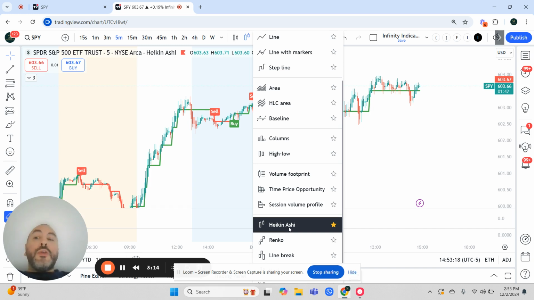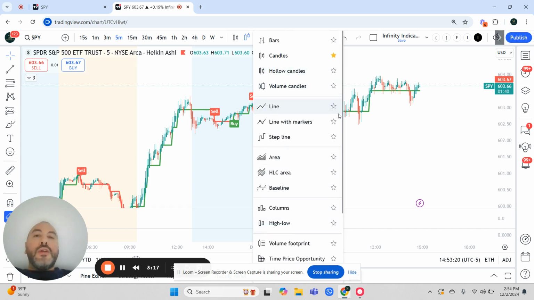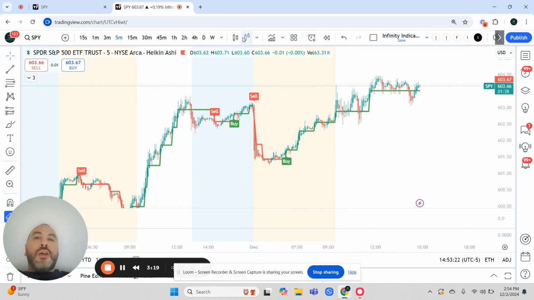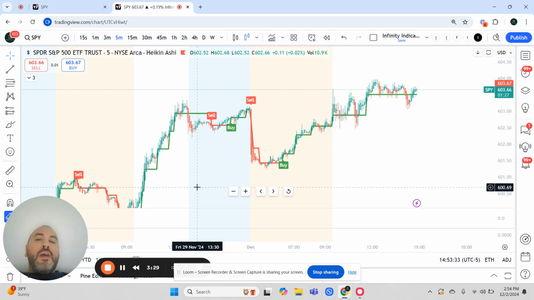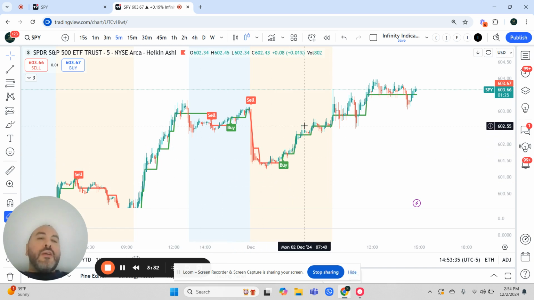So the difference between regular candles and Heikin Ashi candles is Heikin Ashi takes the average of. Okay, so it gives you a better understanding of what the market's doing.